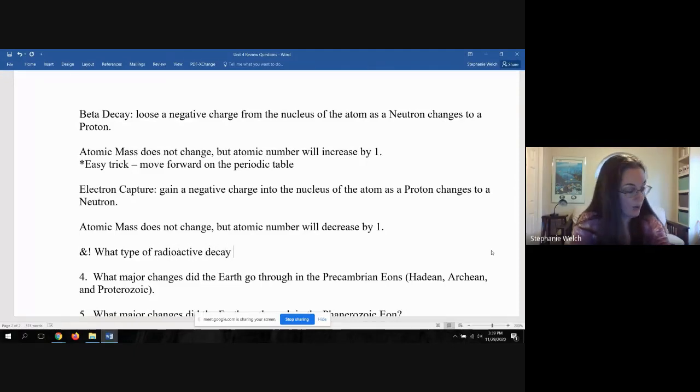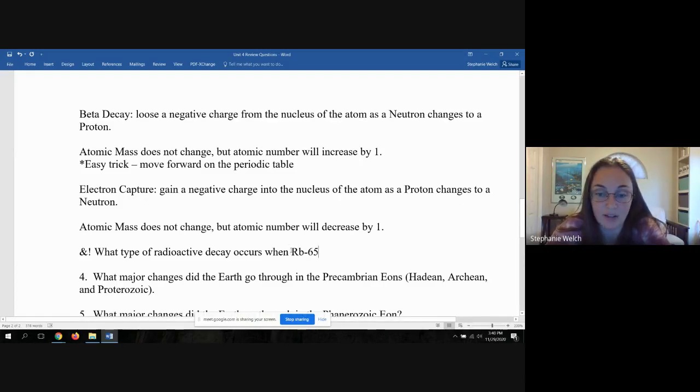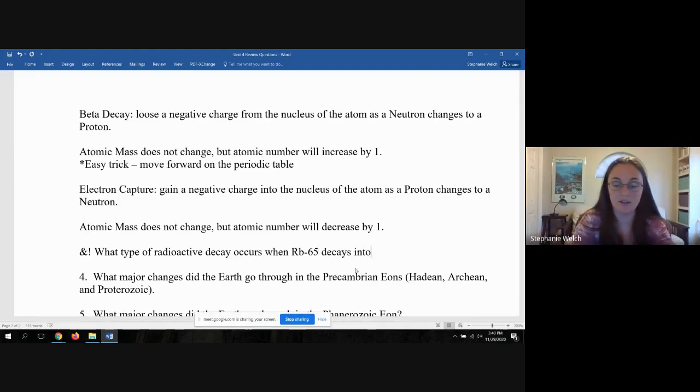This is how all of these kinds of questions are going to be worded. I'm going to write it as rubidium-65. You'll often see it as a superscript to the left of the name of the element too. Either way, you're just dealing with mass. So rubidium-65, rubidium with a mass of 65, decays into strontium-65.